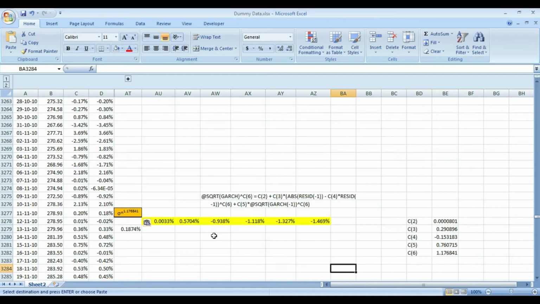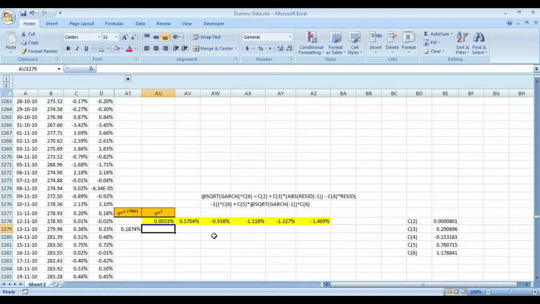Now for our variance estimation, which should be standard deviation to the power of 2, or the square of standard deviation, right? So how will you convert standard deviation to the power of 1.176841 to standard deviation to the power of 2?